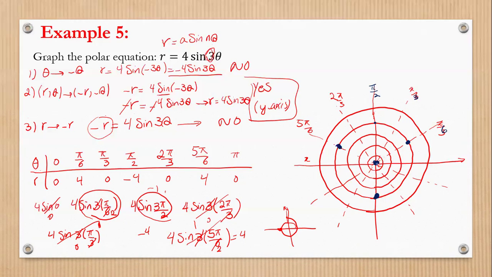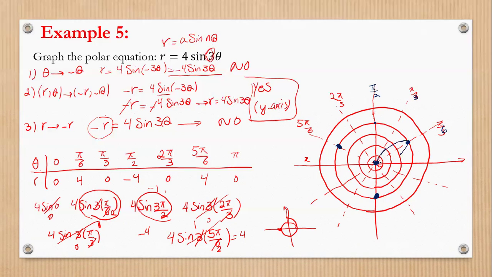Pi and 0. Okay? And I know that this graph is symmetric about the y-axis. That means the right side of the y-axis should be the same as the left side. And I expect to have 3 petals.